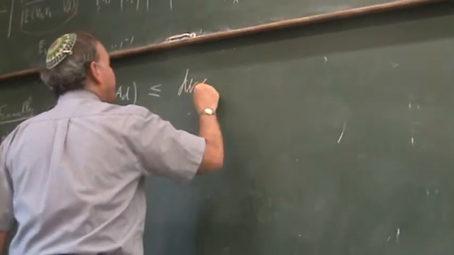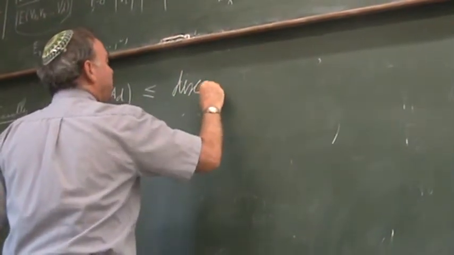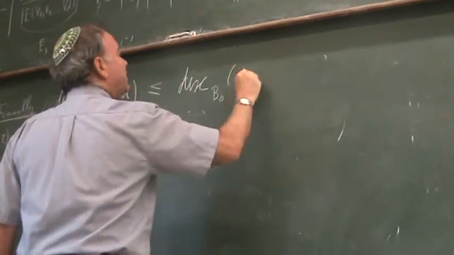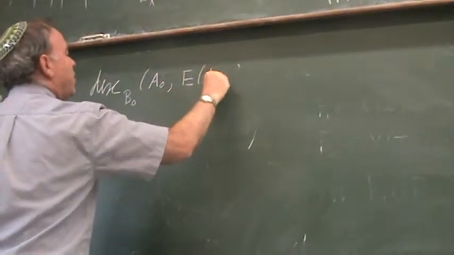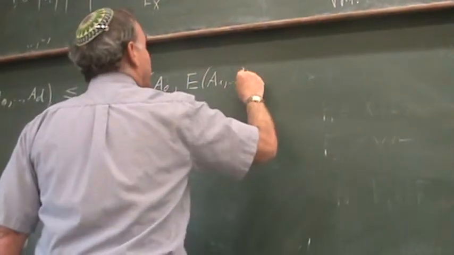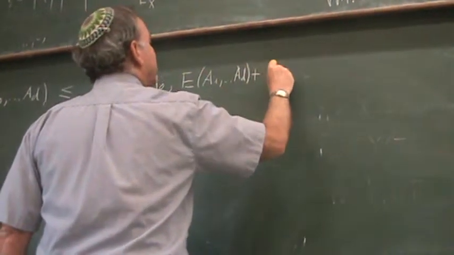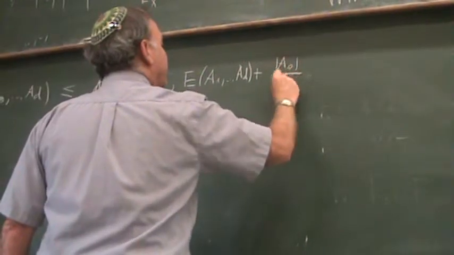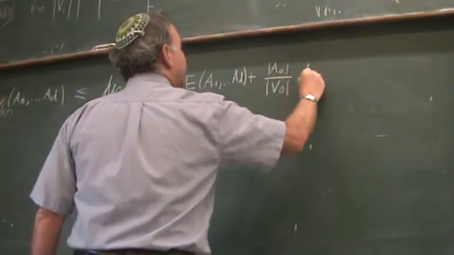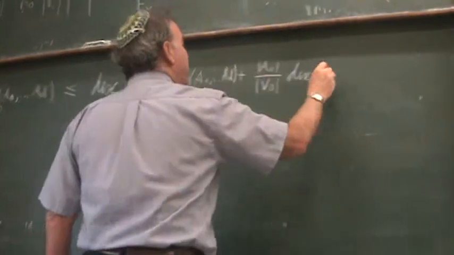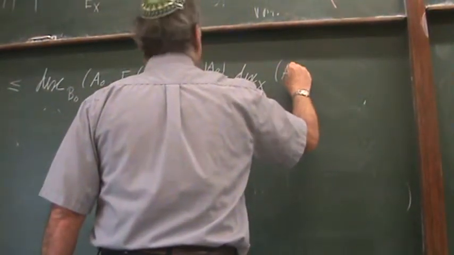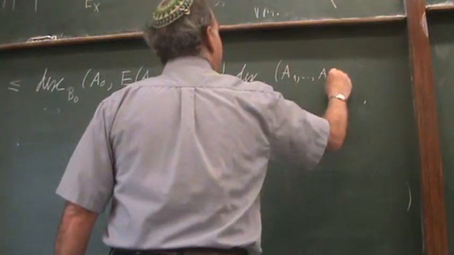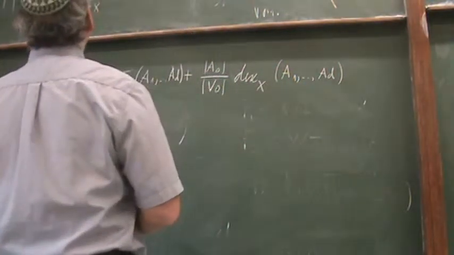This is at most the discrepancy inside B0 of A0 against A1 up to AD, plus A0 over V0, the discrepancy inside X of the sets A1 up to AD. Right? This is lemma 1.